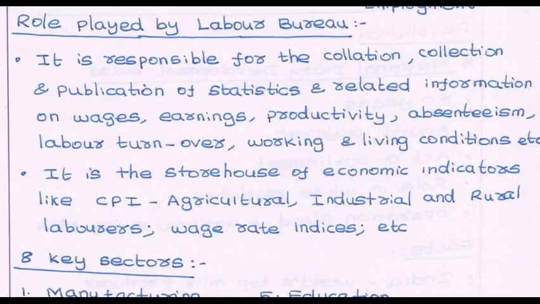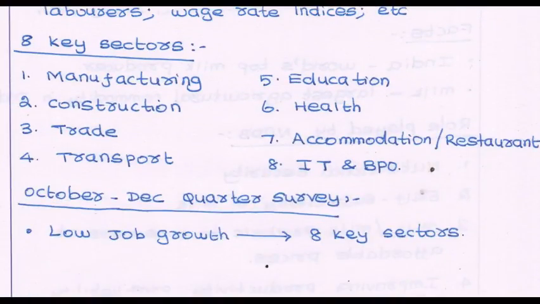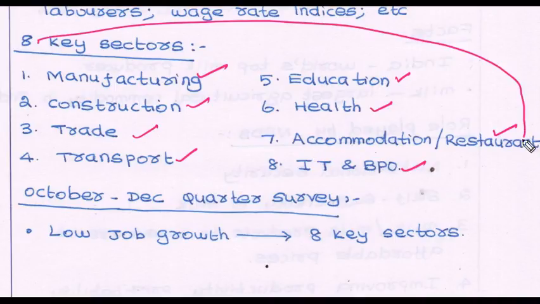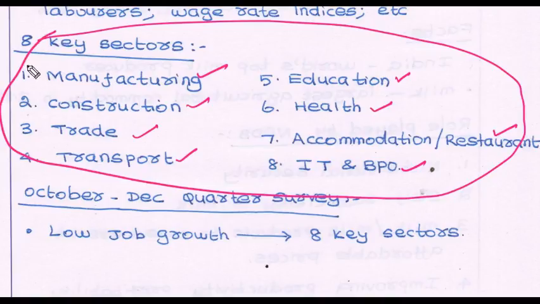Now let's move to the prelims topic, that is, the 8 core sectors of the Indian economy: manufacturing, construction, trade, transport, education, health, accommodation and restaurant, IT and BPO. So revise the 8 sectors thoroughly.